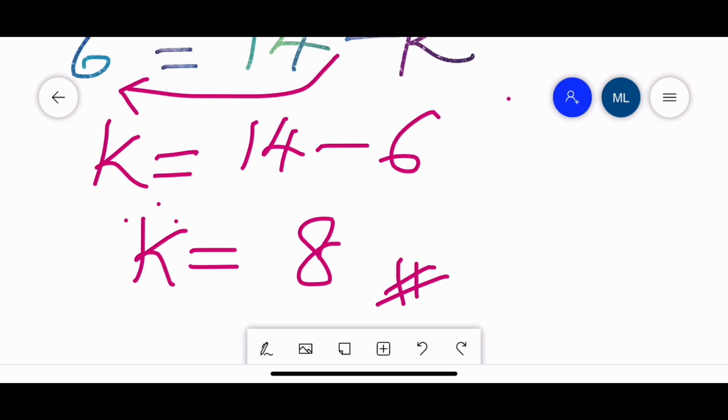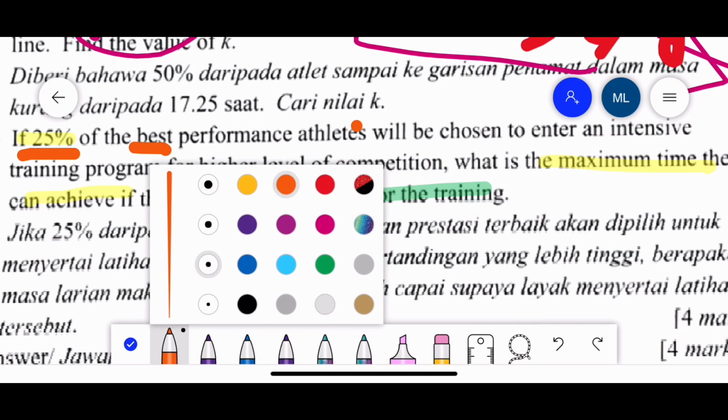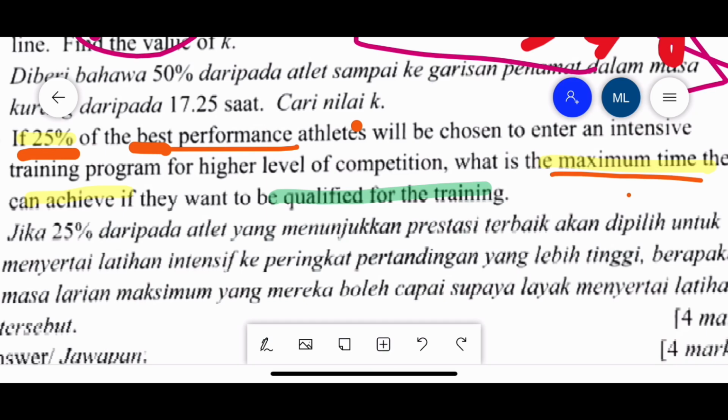Alright? Okay. For this question, they ask you for part B. Okay, part B is: if 25% of the best performance of athletes will be chosen to enter the intensive training program for higher level of competition, what is the maximum time that can be achieved by the athlete if they want to be qualified for the training?